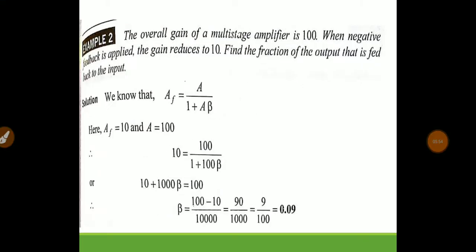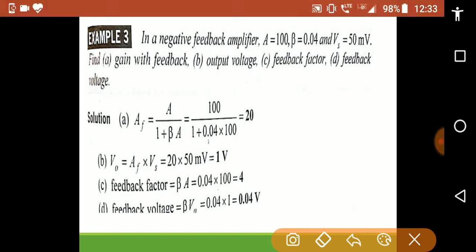So this is the next problem. In a negative feedback amplifier, A equal to 100, beta equal to 0.04 and Vs equal to 50 millivolt, then find the gain with feedback, output voltage, feedback factor and feedback voltage.